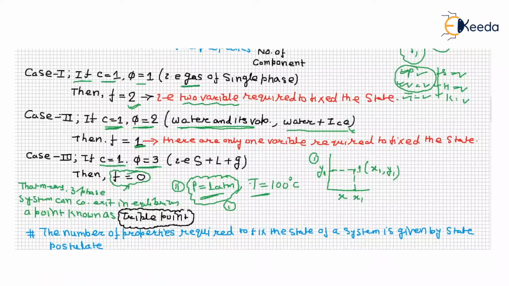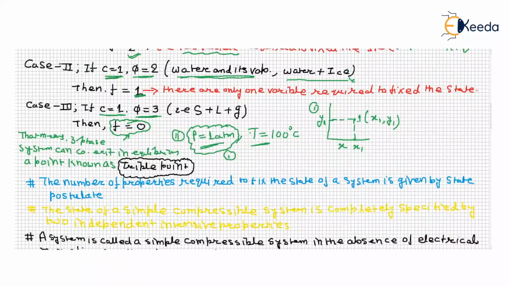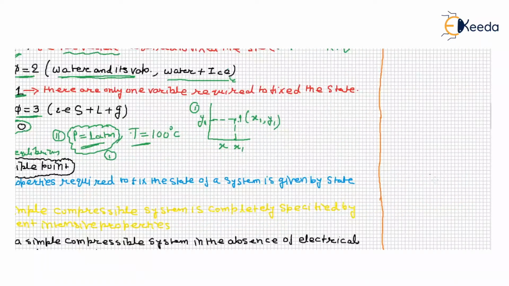See, for water, if you define water, that means single component H2O, three phases, that means liquid, solid, and gas, there is no need of any property of the system. Why? Because all the properties are fixed.